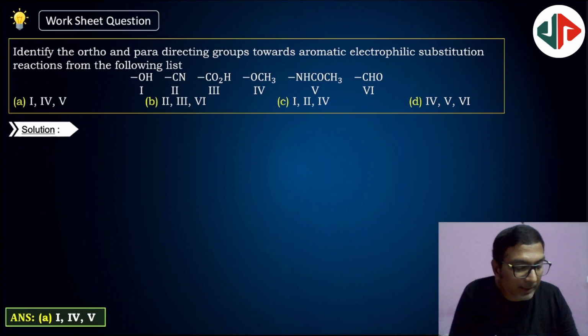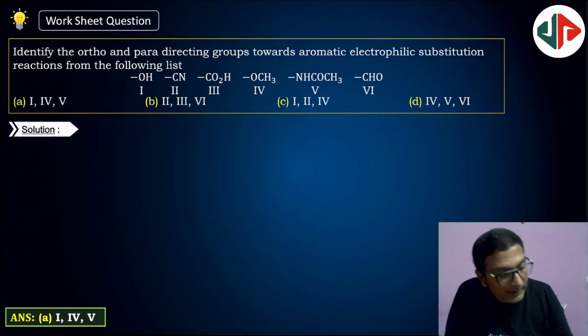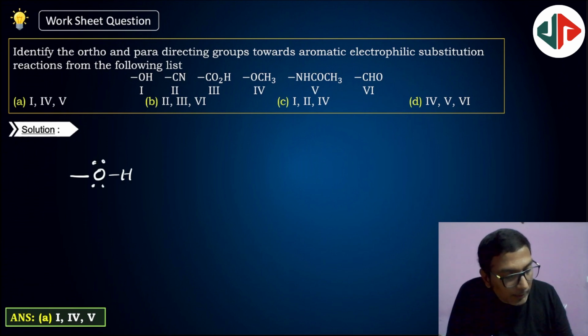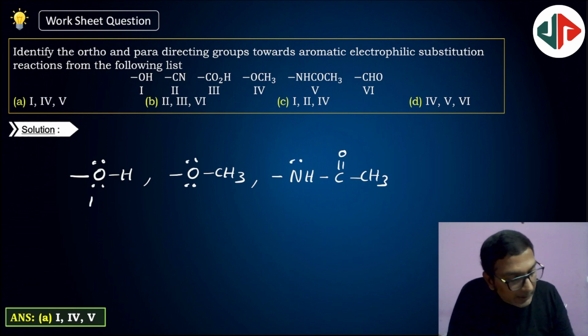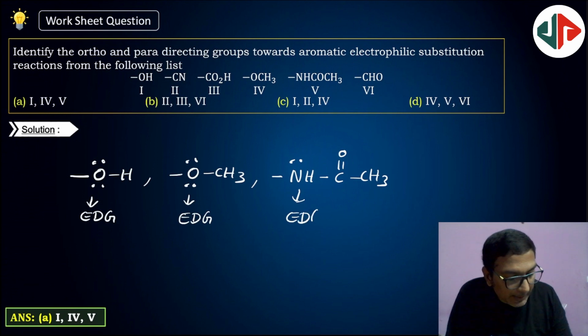Identify ortho and para directing groups in the following. See here, OH, lone pair is present. Next, OCH3, lone pair. Next, NHCOCH3, here also lone pair. So electron donating group, and here also electron donating group.